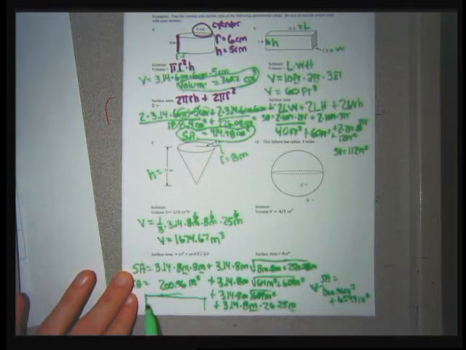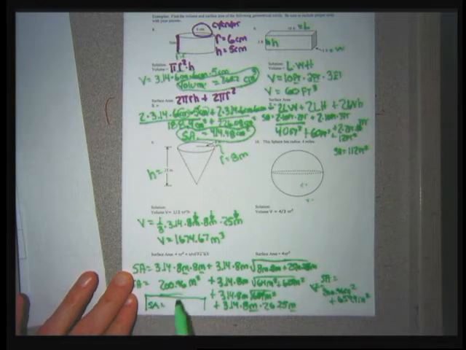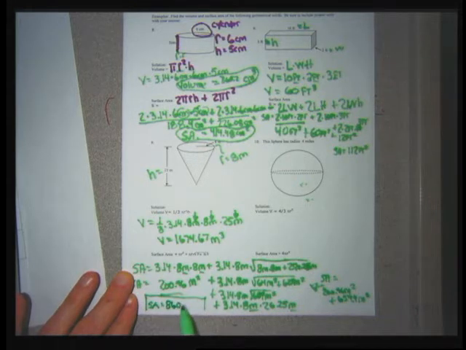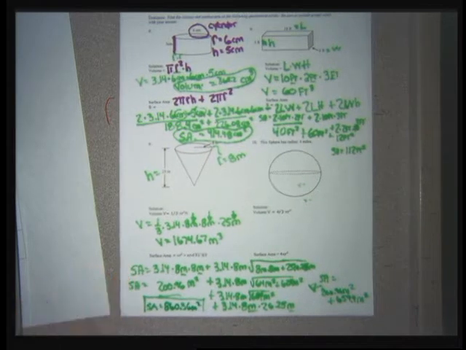So for the last part of my cone, the surface area is going to be 860.36 meters squared. This is really unpleasant.